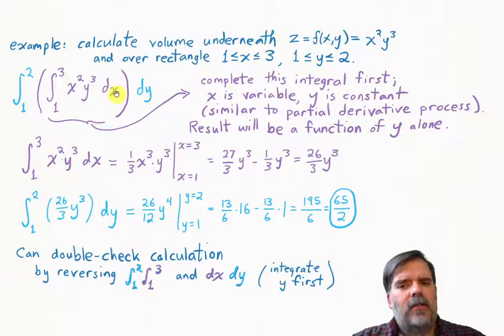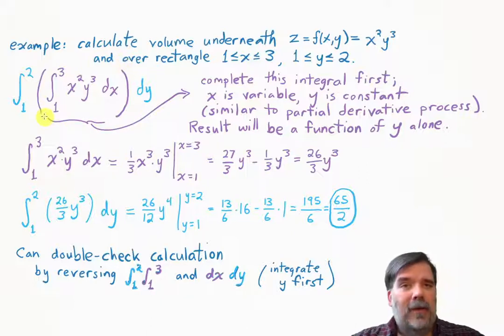You can put either dx on the inside or dy on the inside. We'll learn how to do both over the course of this lesson. For now, dx is on the inside. It's very important that the bounds on this inner integral correspond to the variable which is more to the inside. So since dx is in here, I'm using the x bounds from 1 to 3 on this integral.